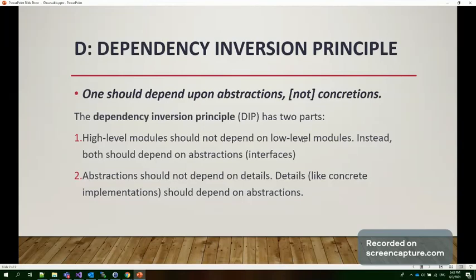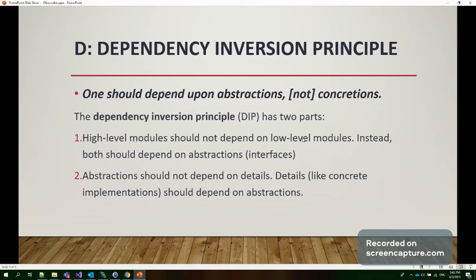Coming on to the last one, D is the dependency inversion principle. What this principle is saying is that we should depend on abstraction, not concretion. It has basically two important parts. First, high level modules should not depend on low level modules, but instead both should depend on abstraction or the interface.